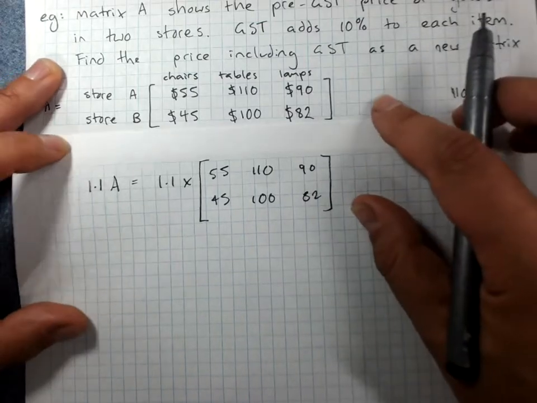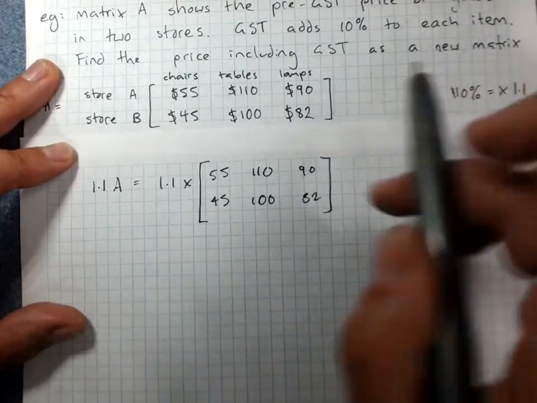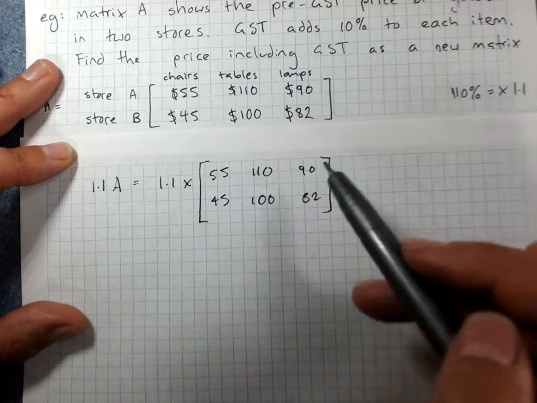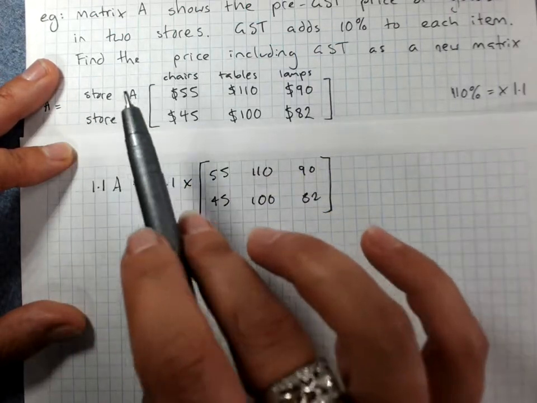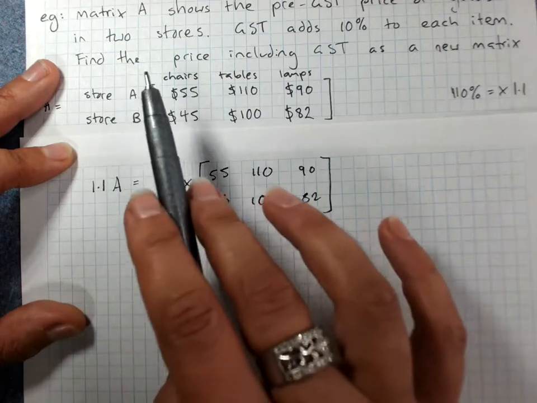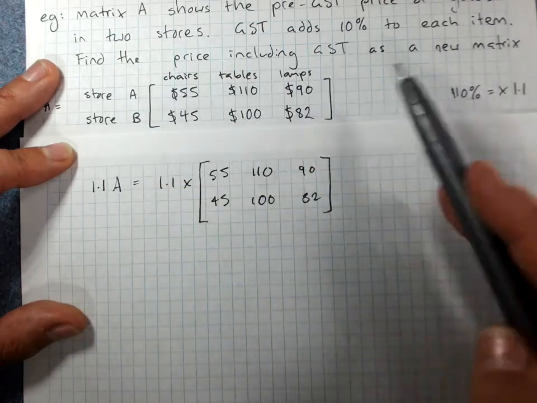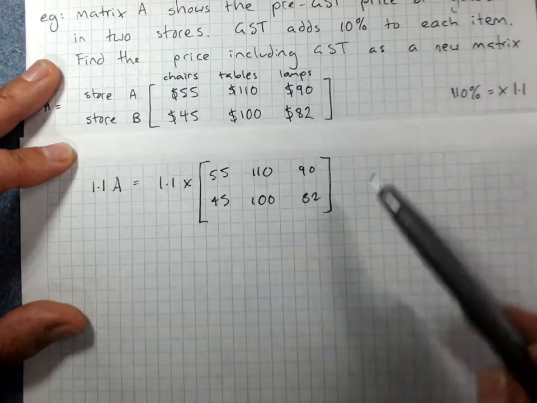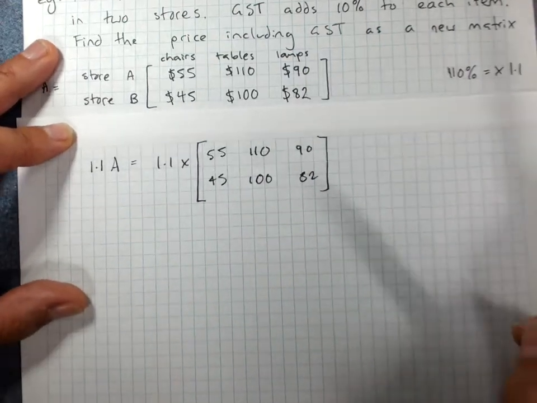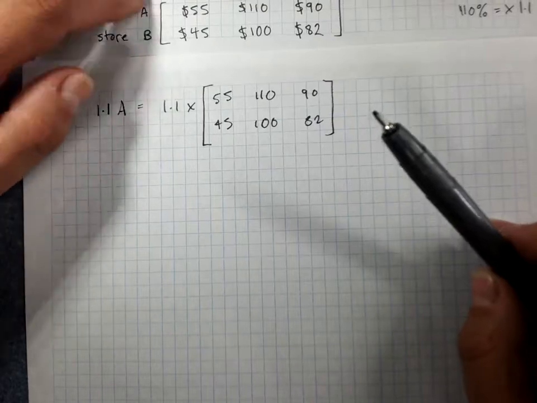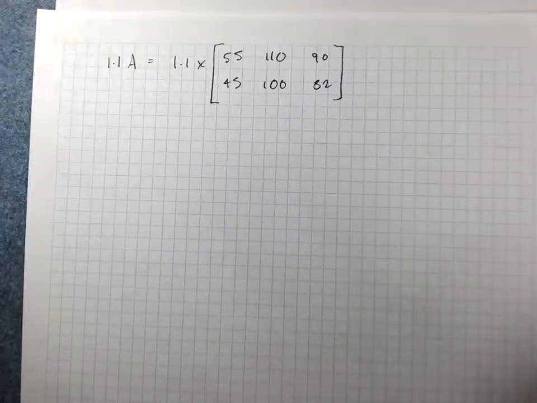Now you can see that it would be possibly easier just to work them all out separately rather than worrying about a matrix, but you can see that if this was a very, very large set of 50 stores and 150 items in everything else, one operation, just saying multiply everything by 1.1, is going to be much quicker. And we'll just run through this with our graphics calculator.